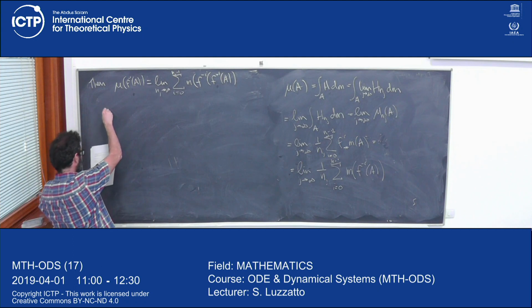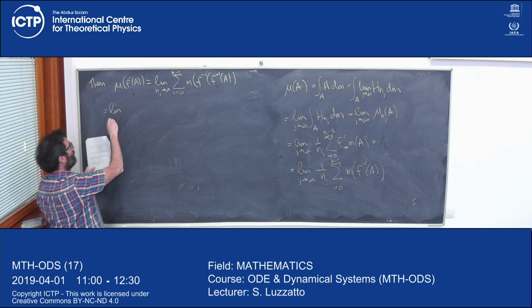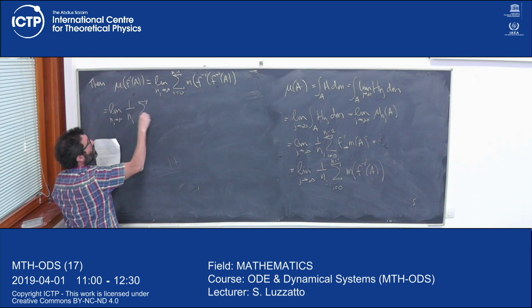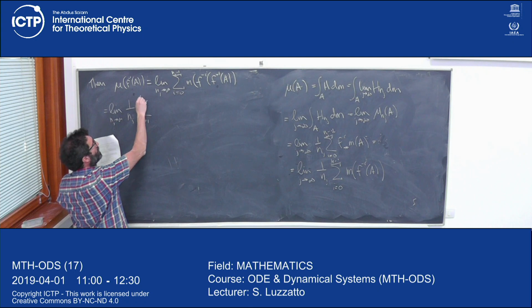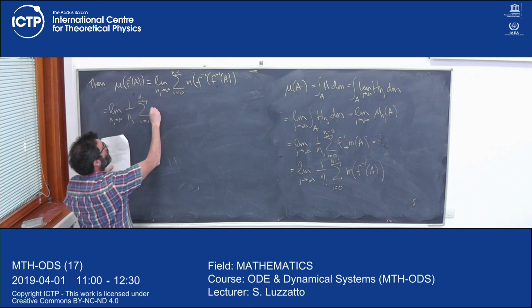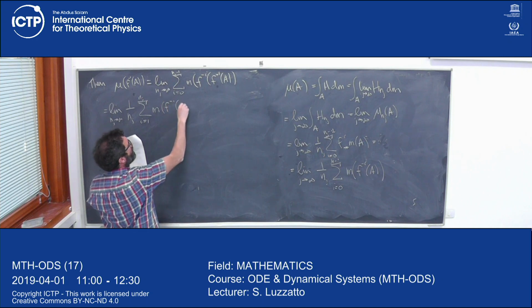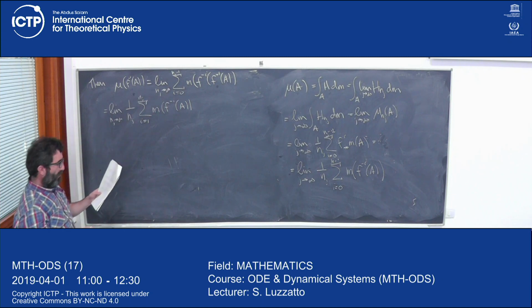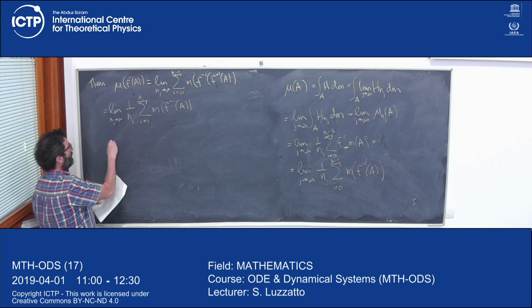So this is just equal to the limit as nj goes to infinity of 1 over nj, the sum of i equals 1 to nj of the measure of f minus i of a. Okay, so I've just absorbed this f minus 1 into the limits here, and then you do the usual stuff that we did exactly like in the other case.